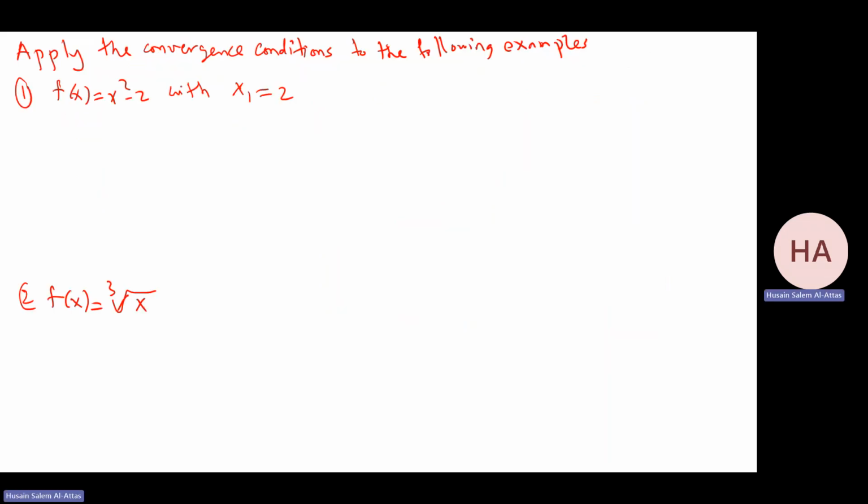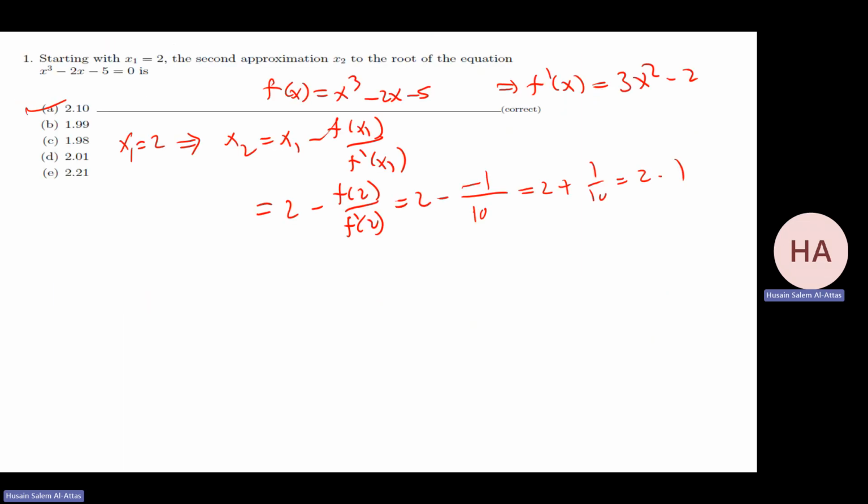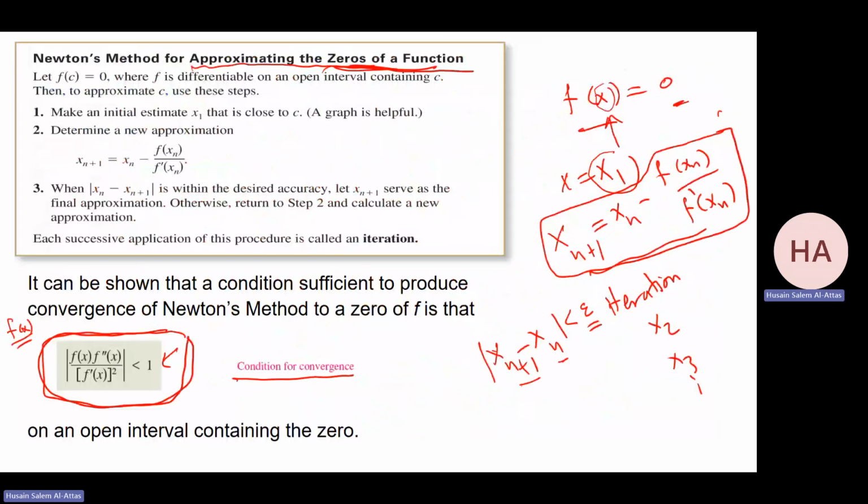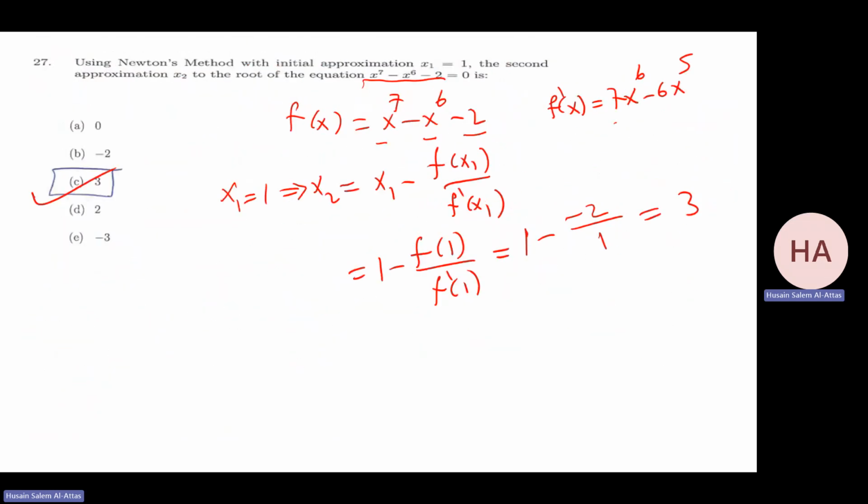Yeah. Now, I want to explain more this formula, which is this one, the convergence. It says what? If we f double prime or f prime square.